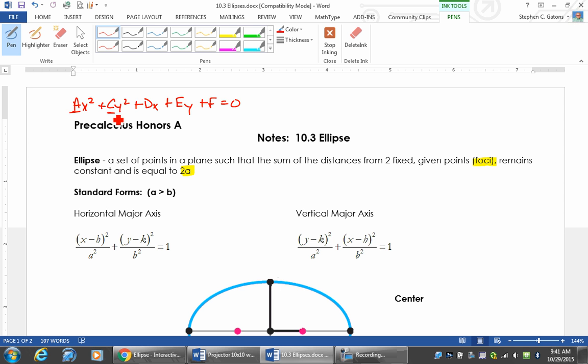That's a parabola, because that means one of them's not there. What makes something an ellipse is that a is not equal to c, but they have the same sign. They're either both positive or they're both negative. That's what makes something an ellipse. They are not equal numerically, but they have the same sign.